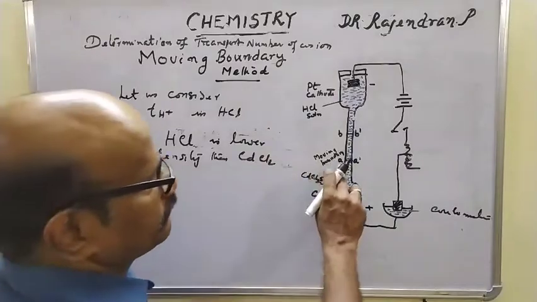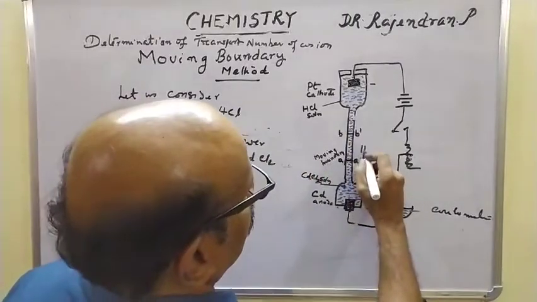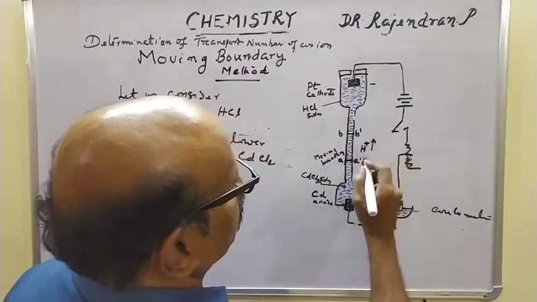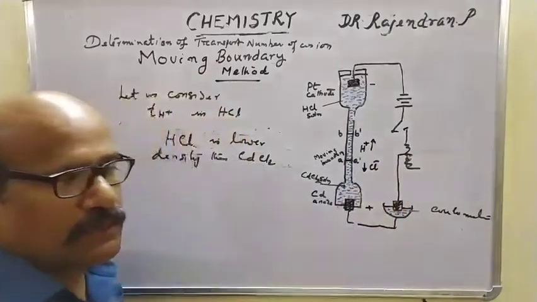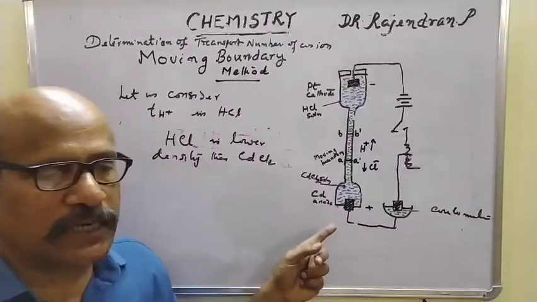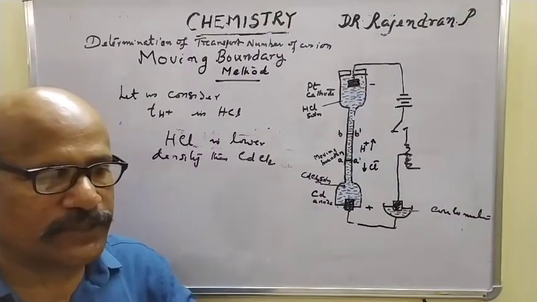So that's the situation. H plus ions move upwards, while Cl minus ions move downwards under the influence of the applied potential, or under the influence of the current.